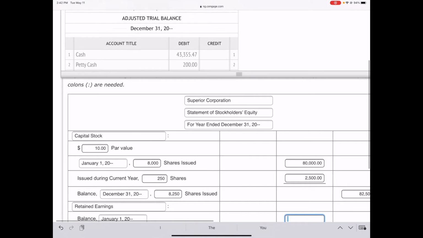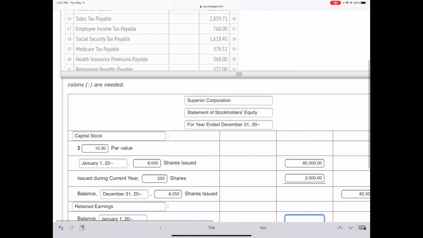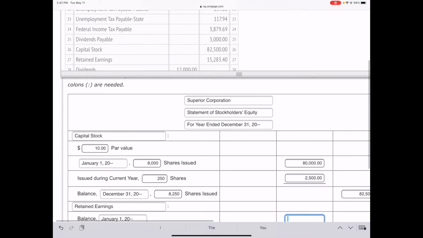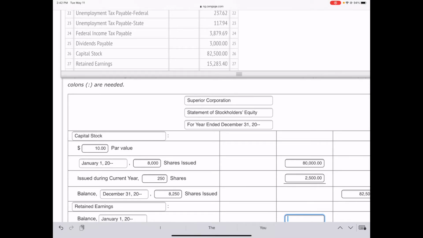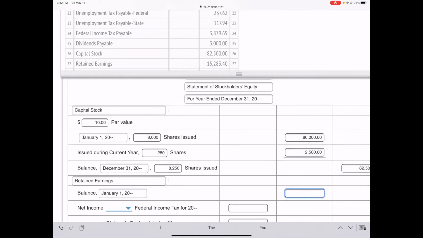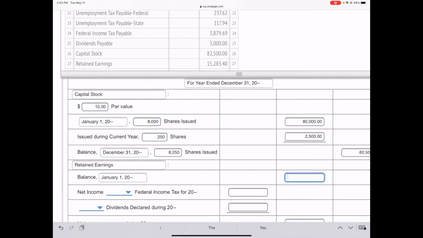And we'll zoom in here and go down to our retained earnings. You can see that retained earnings on January 1st is right here, $15,283.40.